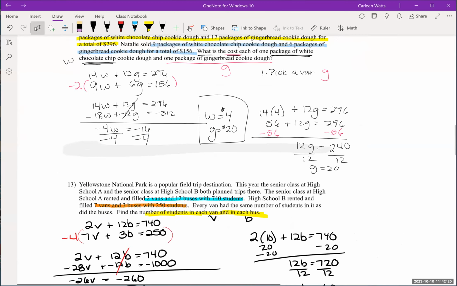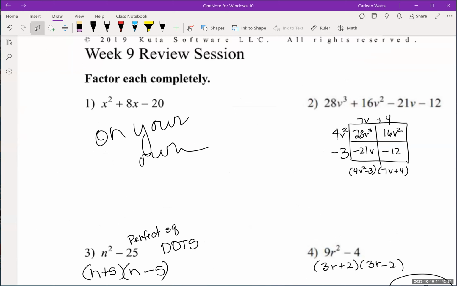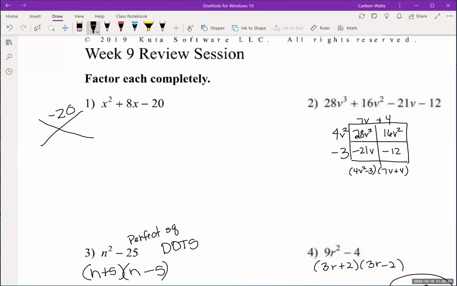Okay, let's do number 1. So we're going to go diamond, easy diamond. I need 2 numbers that multiply to get -20 and add to get +8.